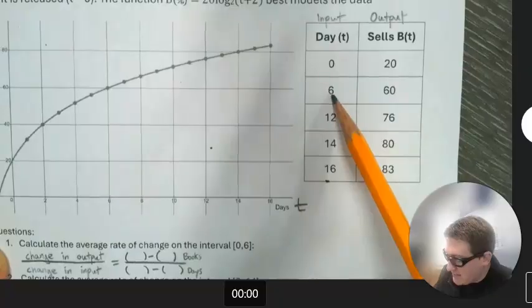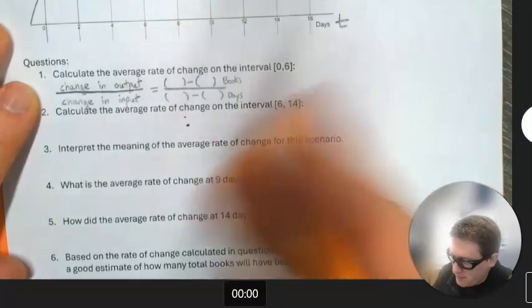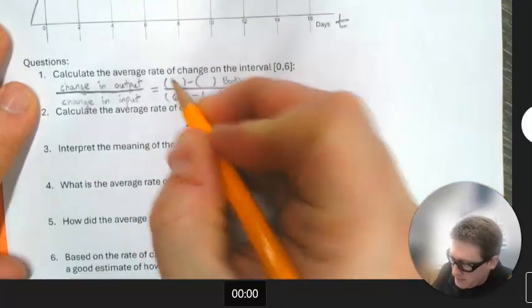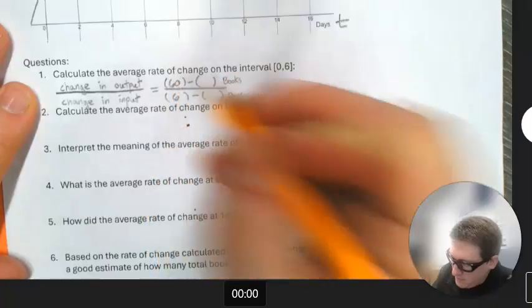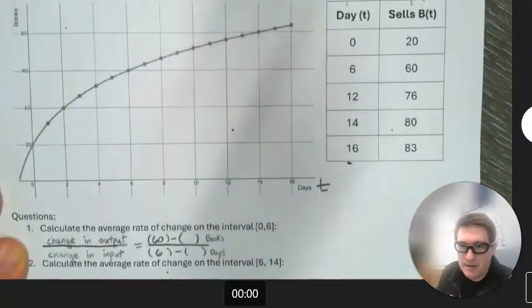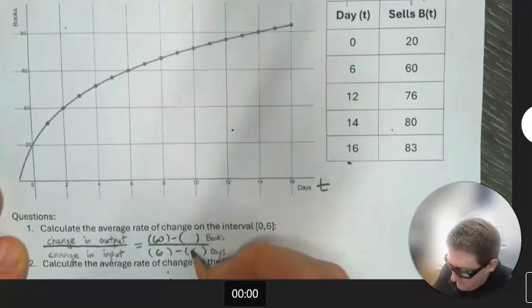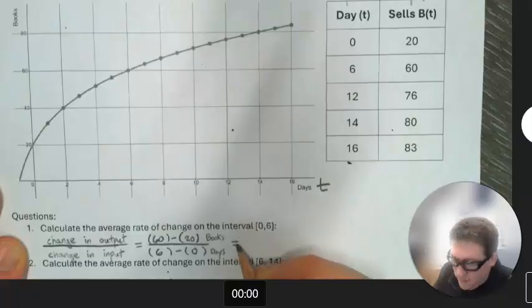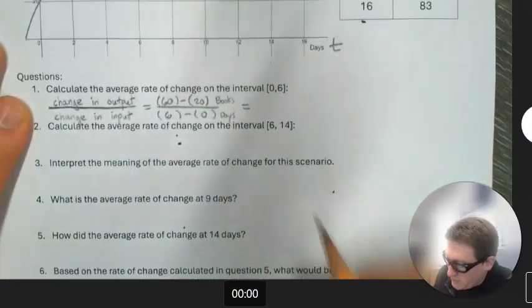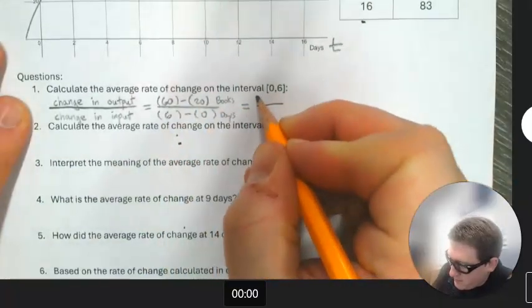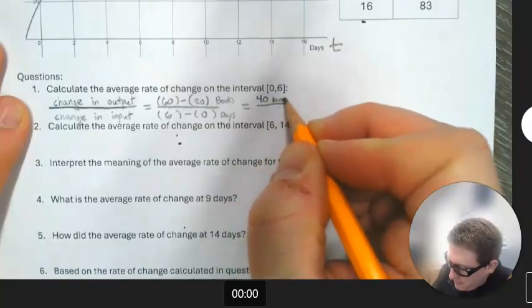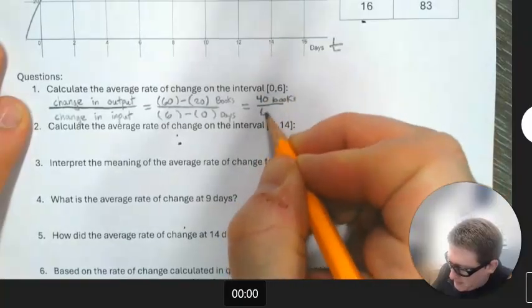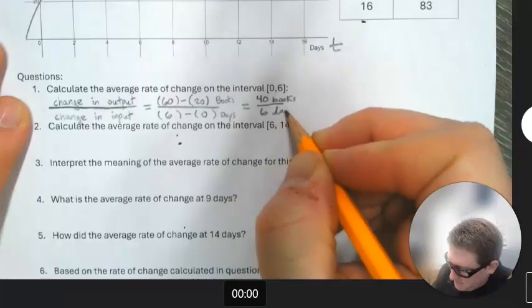And on day 6, I sell 60 books, right? So I'm going to put that here. On day 6, I sold 60 books. And on day 0, which is the first day, I sold 20 books. And now I can evaluate the rate of change. 60 minus 20 is 40 books within 6 days.